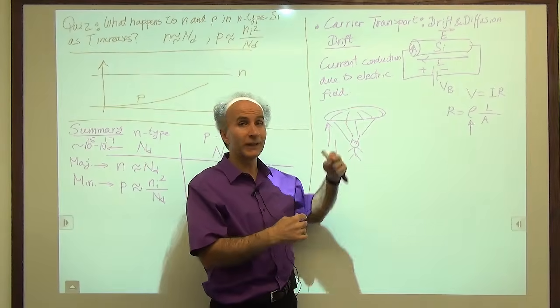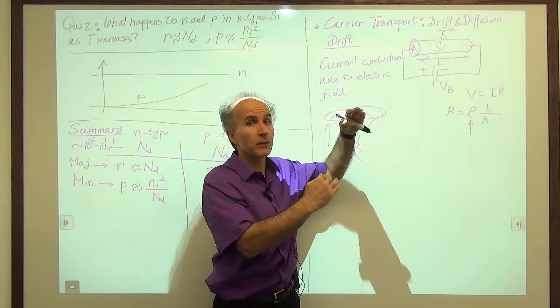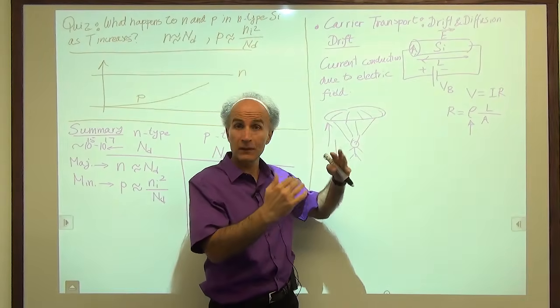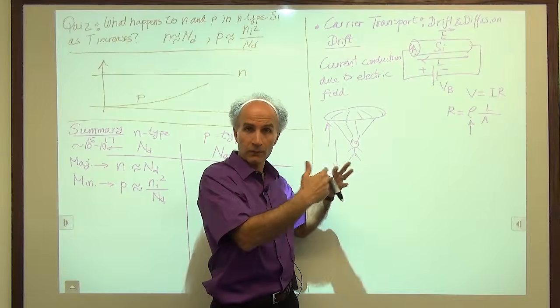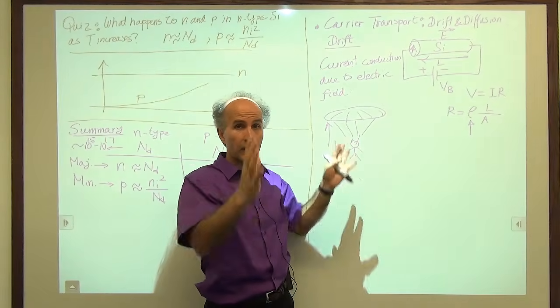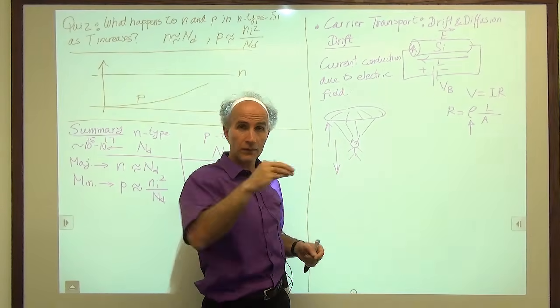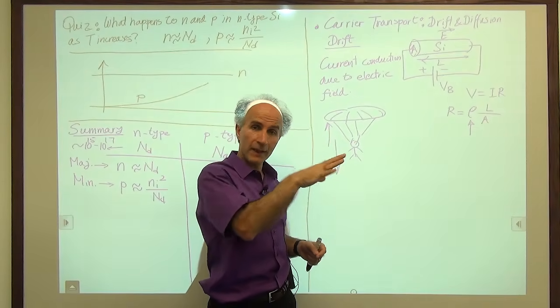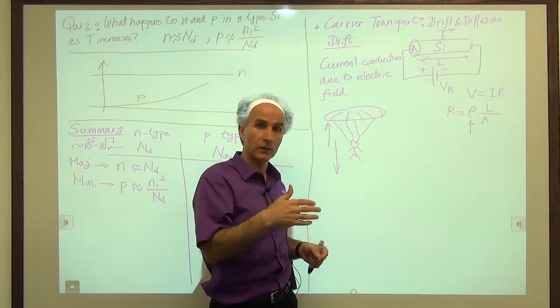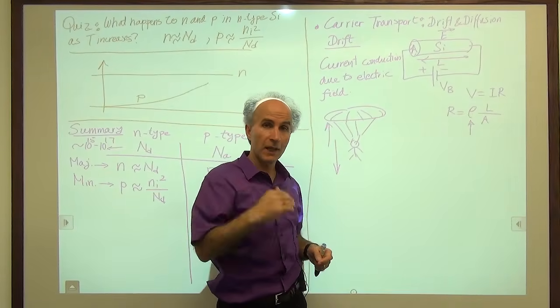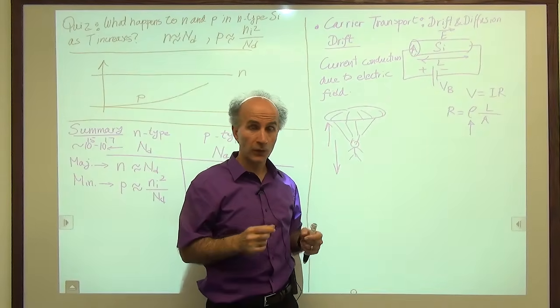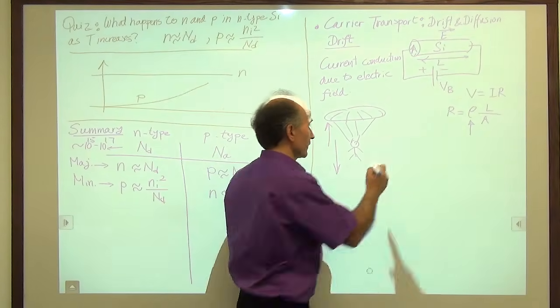We have 10 to the 25th atoms per cubic centimeter, but we have 10 to the 15 or 16 or 17 electrons, for example. So there are lots of silicon atoms lying around, and as the electrons try to travel, sometimes they hit these atoms. And when they hit these atoms, they lose some of their velocity. So they do not accelerate indefinitely. They reach a terminal velocity.